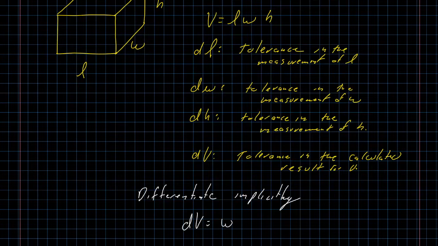So I'm going to write it as W times H times dL. Then we'll have the derivative of the second one times everything else. Again, I'm going to put the differential at the end, so it'll be L times H times dW, and then L times W times dH.